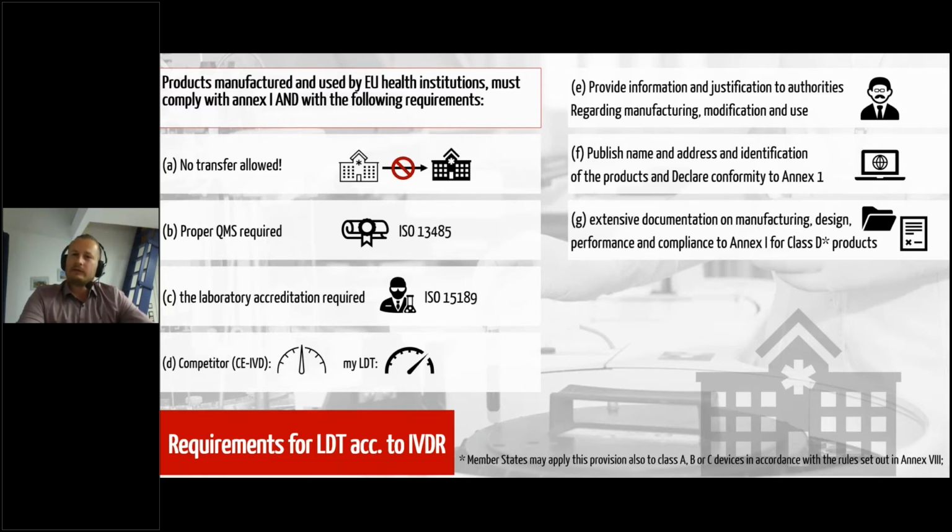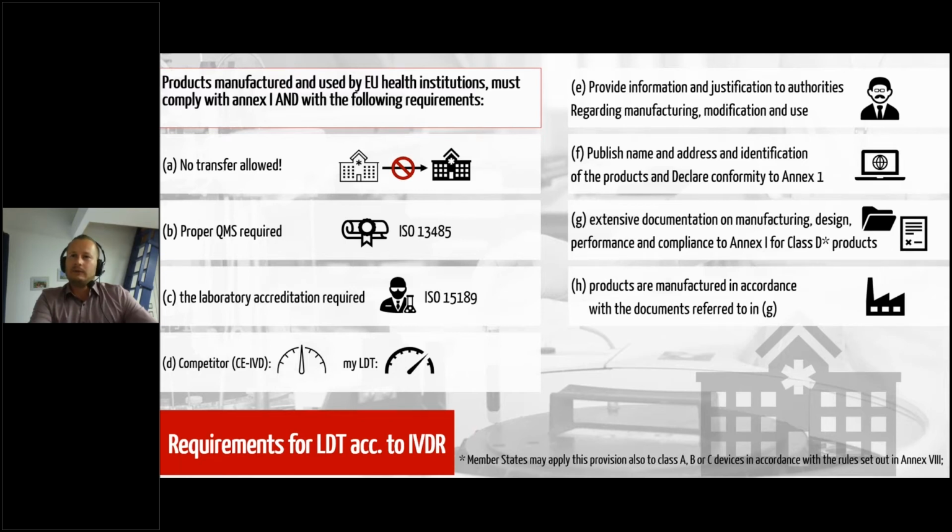However, it is also stated that member states may apply this provision as well to Class A, B, and C devices, which is true for Germany already. We know that this must be applied for all classes, but I don't know the situation in other member states in Europe currently. Products are manufactured in accordance with the documents that we just pointed out under G.